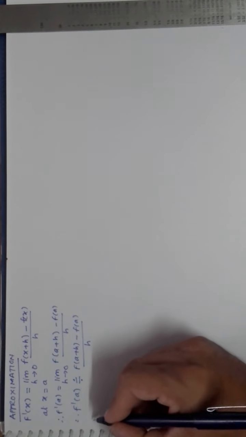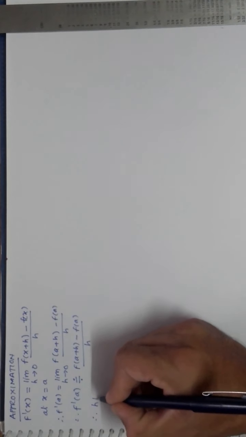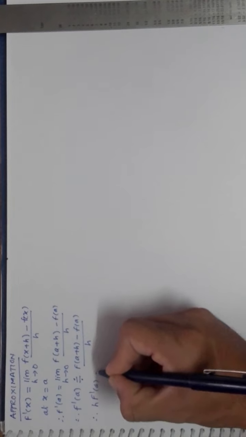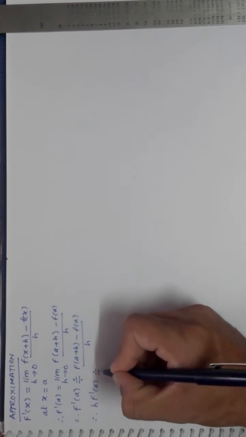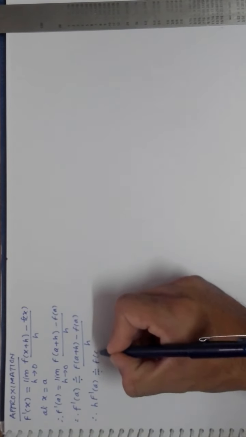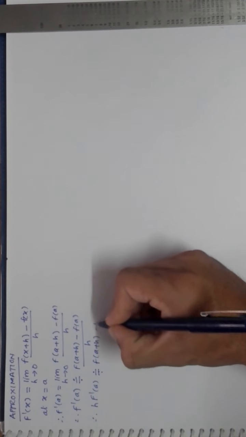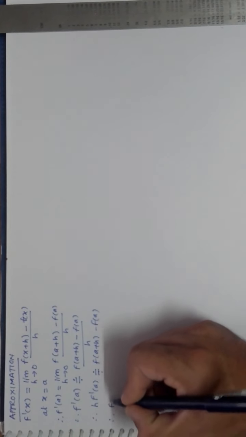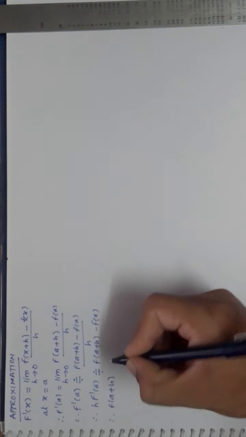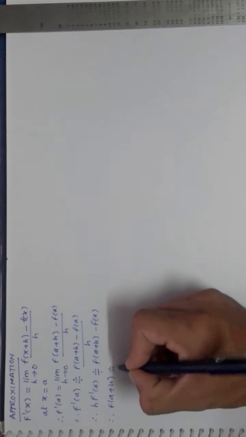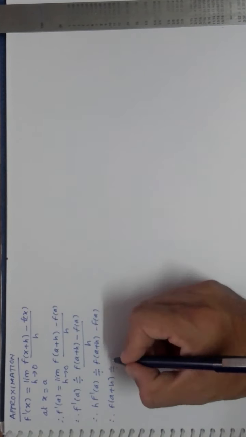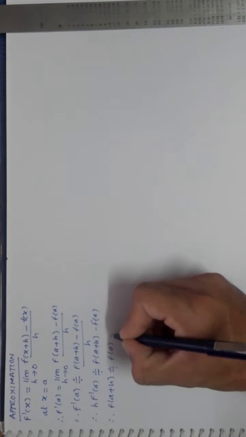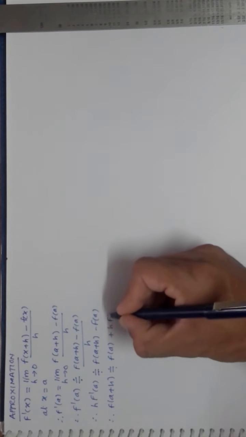So when I cross multiply, I get here h f dash a is approximately equal to function of a plus h minus function of a. So that is nothing but the final line, function of a plus h is approximately equal to function of a plus h into f dash a.